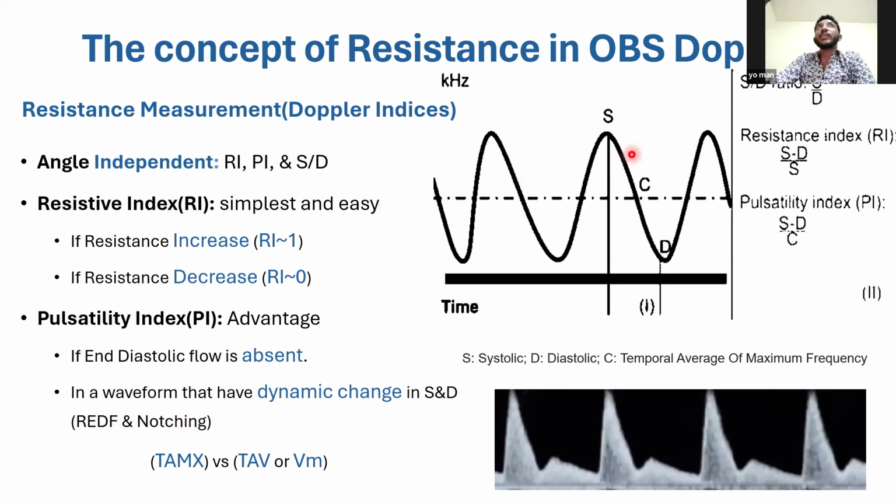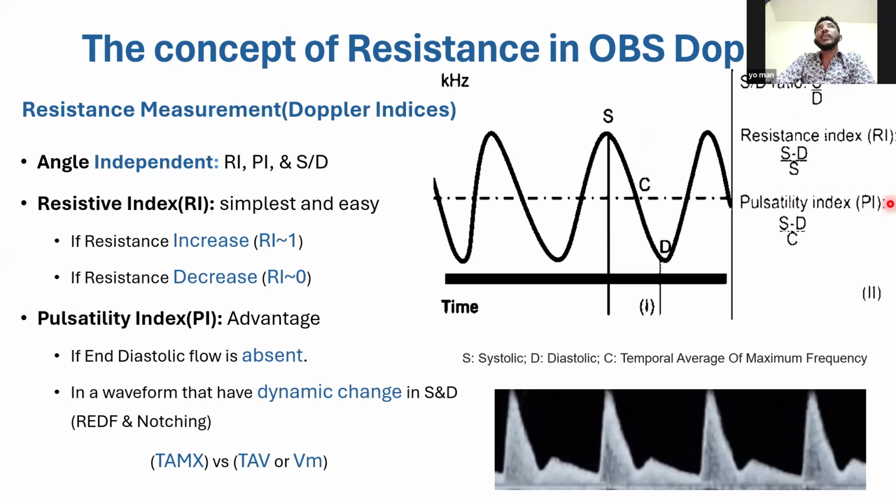From this graph, what you can see is that the systolic to diastolic ratio only tells you the information found here and here. You can't get information about what happens here. For example, if there is any notching or any reversal, you will not identify it with those two parameters.